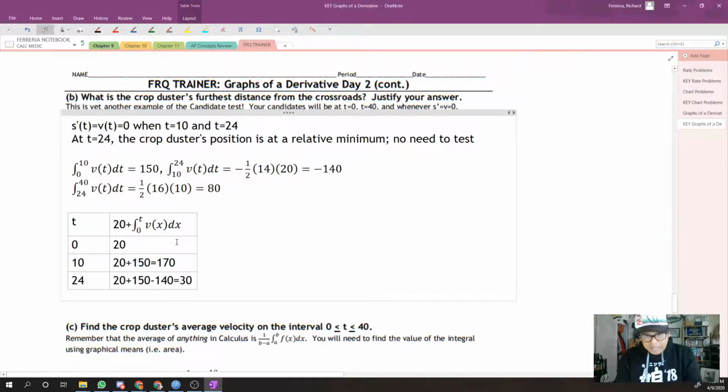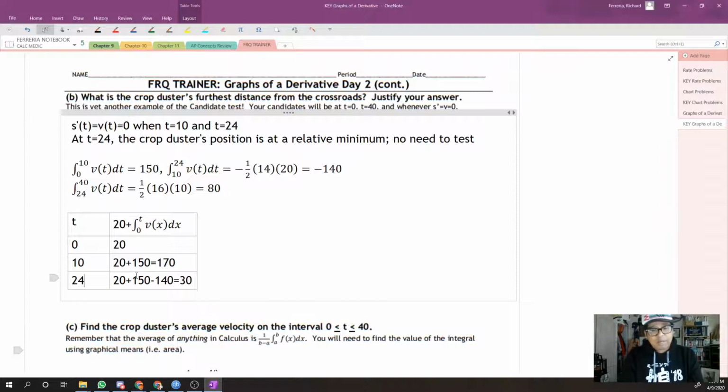This is a line that you actually didn't need because we already knew this was a relative minimum. But, to be academic about it, the position at t equals 24 is 20, plus the integral from 0 to 24. The integral from 0 to 24 includes the positive area 150 and the negative area 140. So when you add that together, you get the position at t equals 24 is 30.